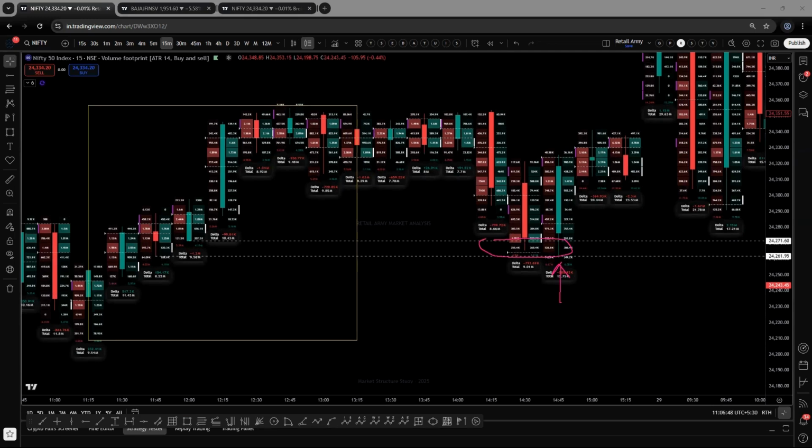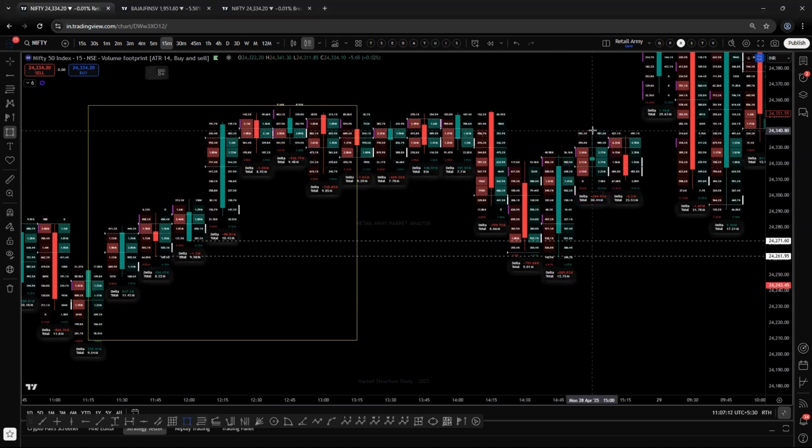And what else has happened here? This is the first operator activity zone. This entire thing, you can see there's one imbalance, two imbalance, this entire move, and there's a major imbalance here. There's another imbalance here. Price has risen fast twice, right? But the maximum real activity in that price is selling. What is happening here?